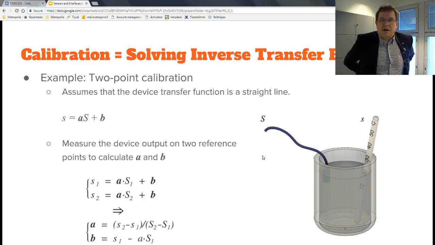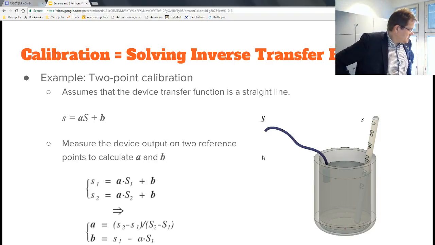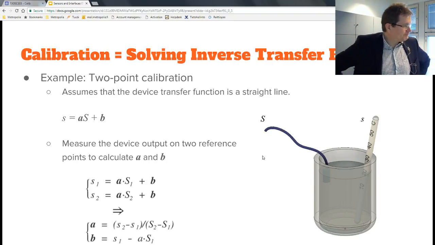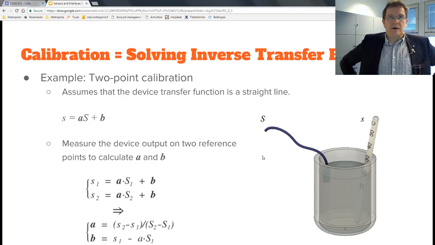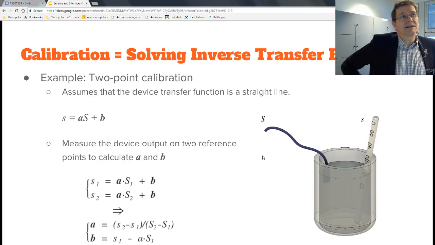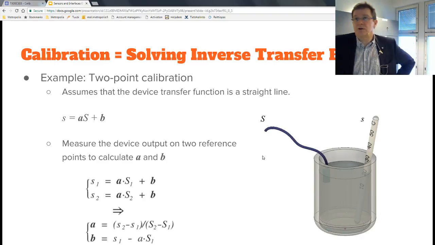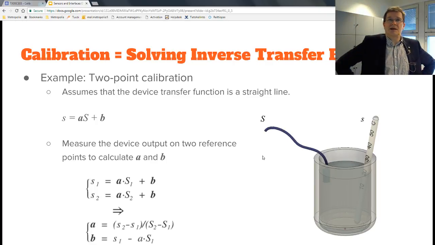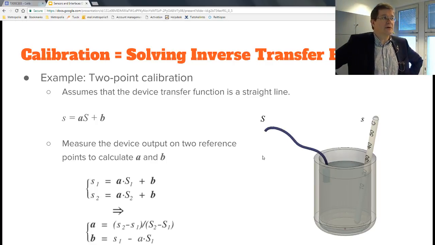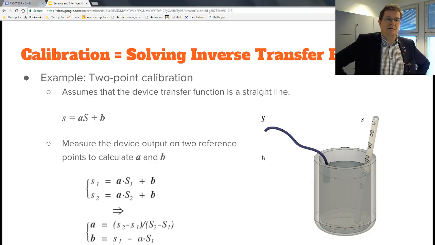so there are several kinds of ways. For example, the easiest way, if you can somehow rely on the linearity of the sensor, for example specifications give you rough estimates about the linearity, then even a 2-point calibration might be enough.